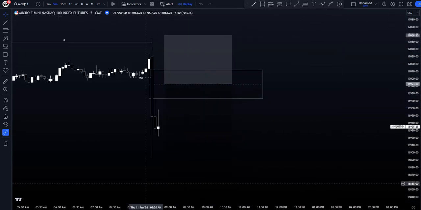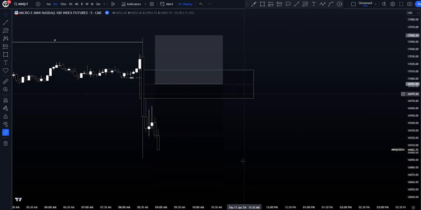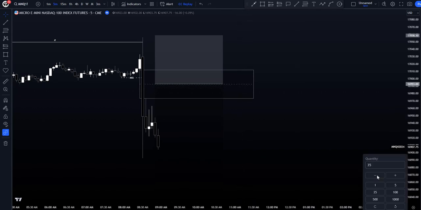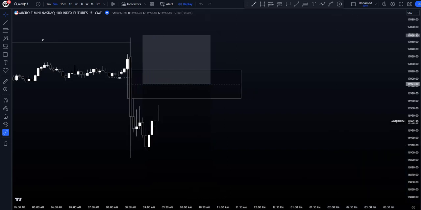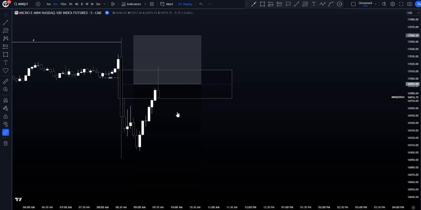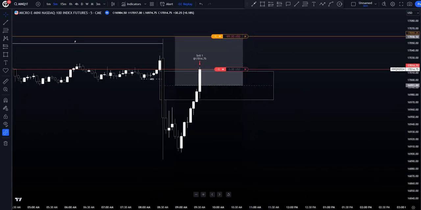So if we let this trade play out here, and if we tap into here, okay, boom, tapped into the trade here. If we entered for a trade here, have our stop loss right above the high, and then we can let the trade play out.